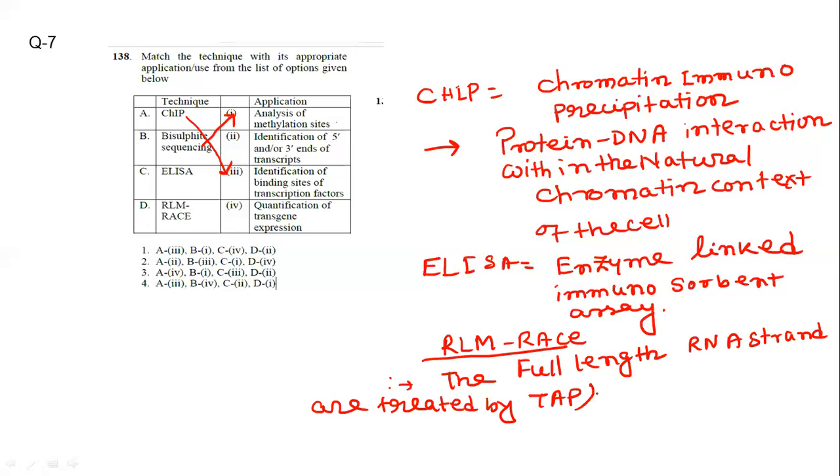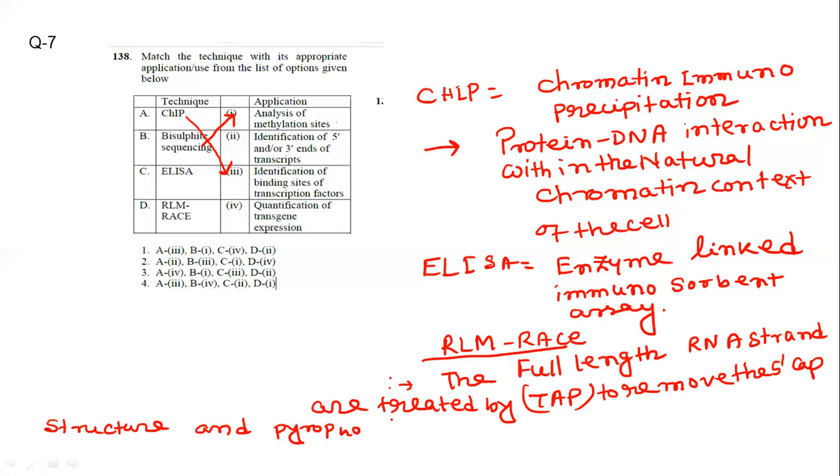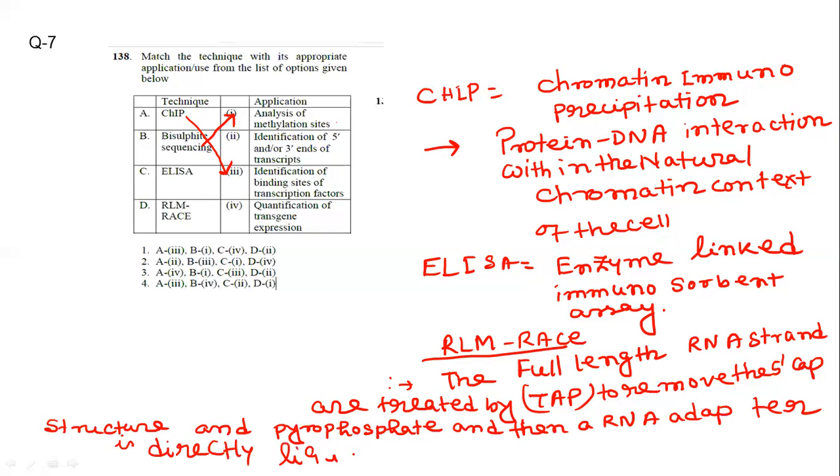TAP removes the 5' cap structure and pyrophosphate, and then an RNA adapter is directly ligated to the RNA 5' end using T4 RNA ligase, right?